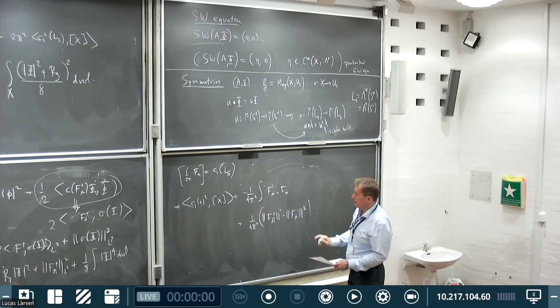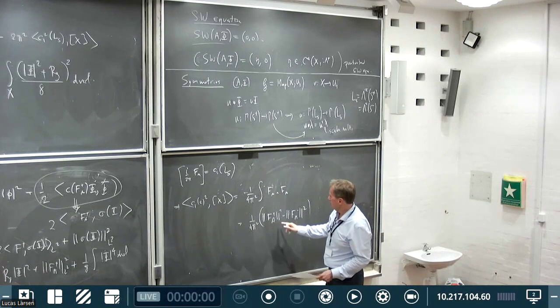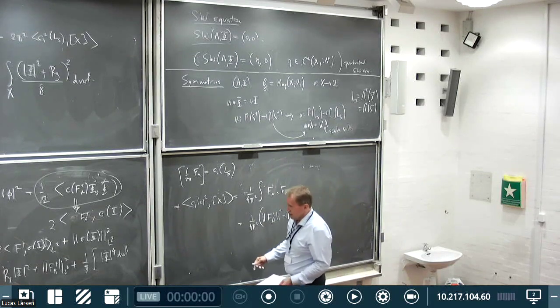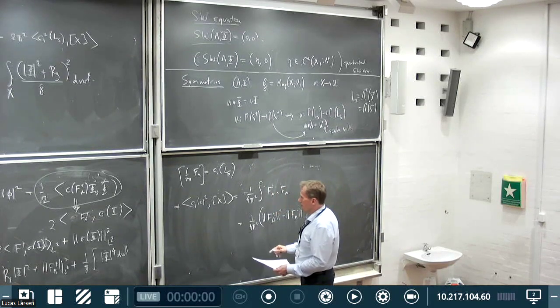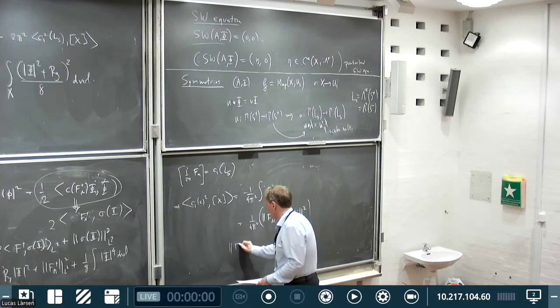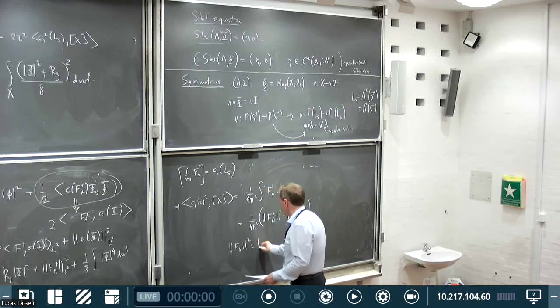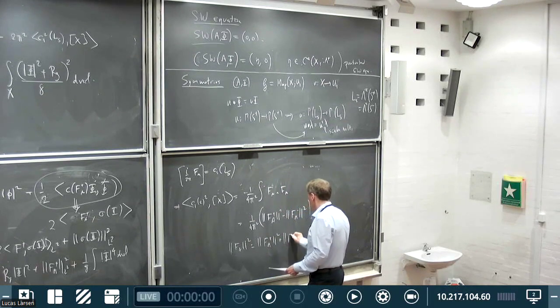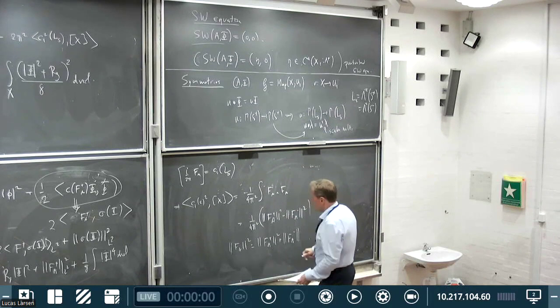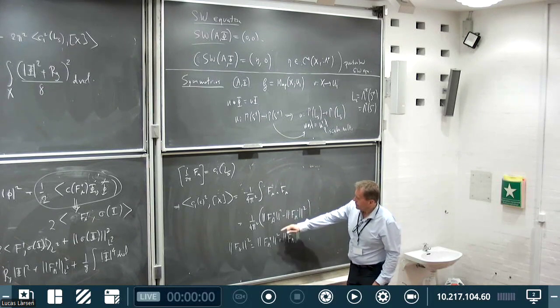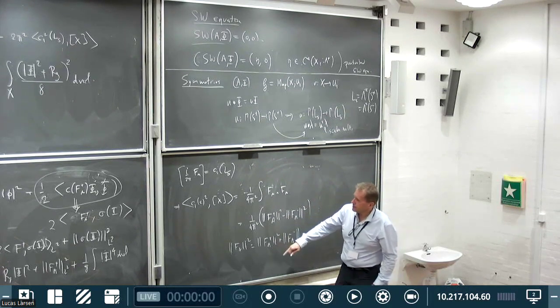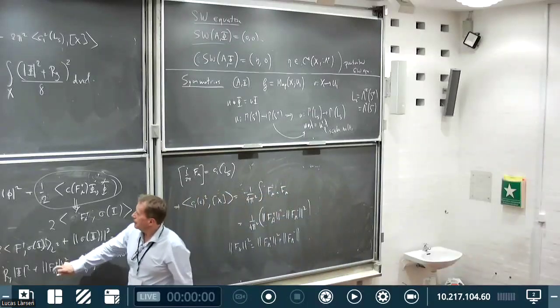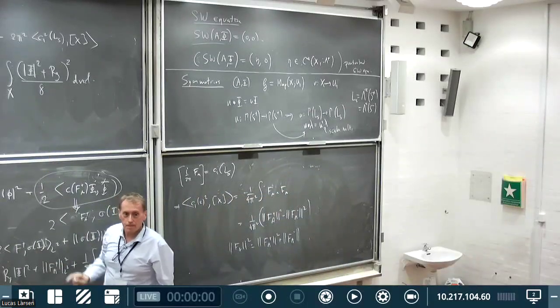So that's great. All I do now is, on the other hand, the L2 norm of F is the L2 norm of F plus plus the L2 norm of F minus. I just add these together, solve for F plus, and plug it in, and I get that formula. Okay?